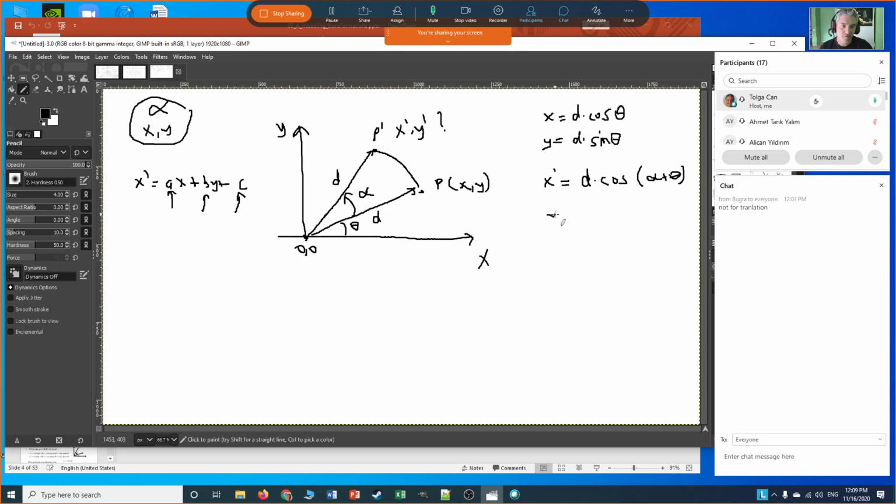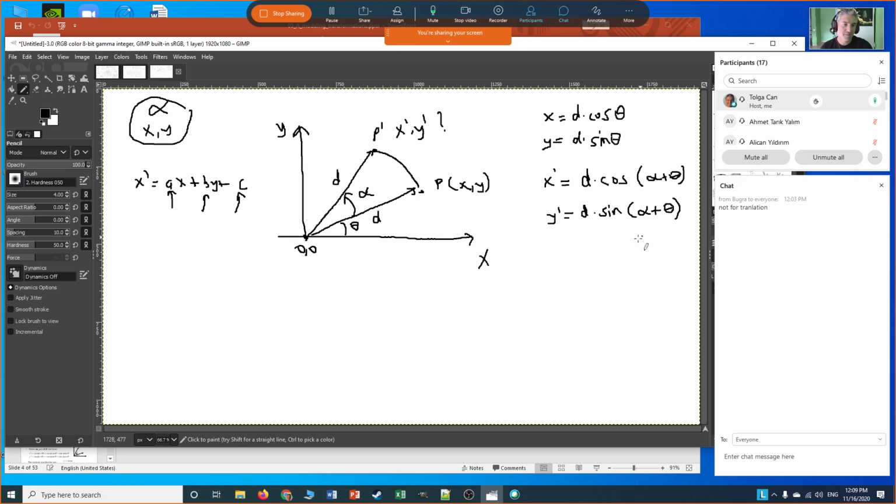And similarly, y prime is d times, because d was the same thing here, sine of alpha plus theta. At the end, we will get rid of all these d and theta in the final equation. We're not going to be needing them.